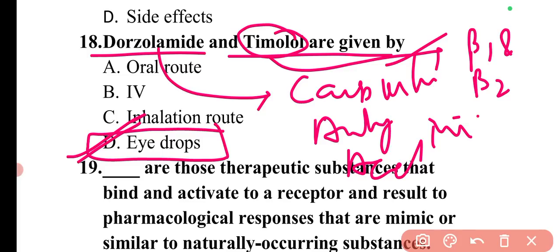It is having intrinsic sympathomimetic activity, and these drugs are used basically to treat the increased intraocular pressure in patients with open angle glaucoma. So for these conditions, these drugs are given.